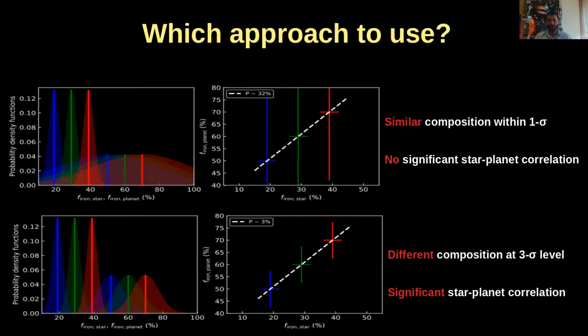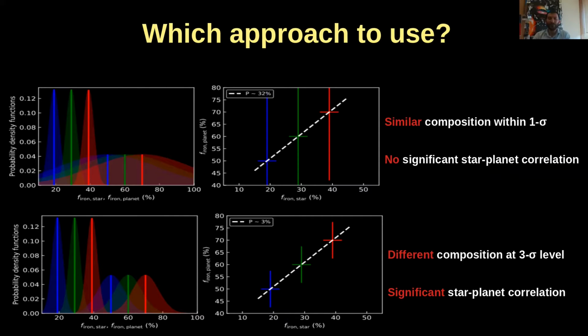And in the bottom panel, I show a case where the error bars are smaller and the agreement is within 3 sigma. Most probably, we would conclude that the stars and planets have different composition within 3 sigma rather than similar composition at the 3 sigma level.